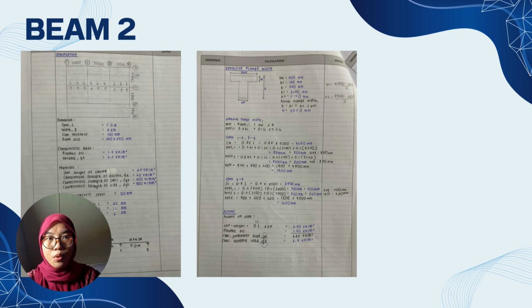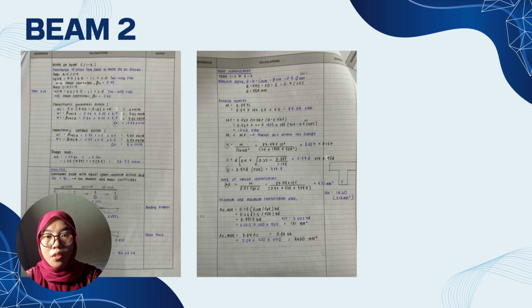For beam 2, we calculate all the loads involved, including dead loads, live loads, and additional loads if applicable. Then we determine the maximum bending moment using the same formula. This value is important because it determines the strength required for the beam.